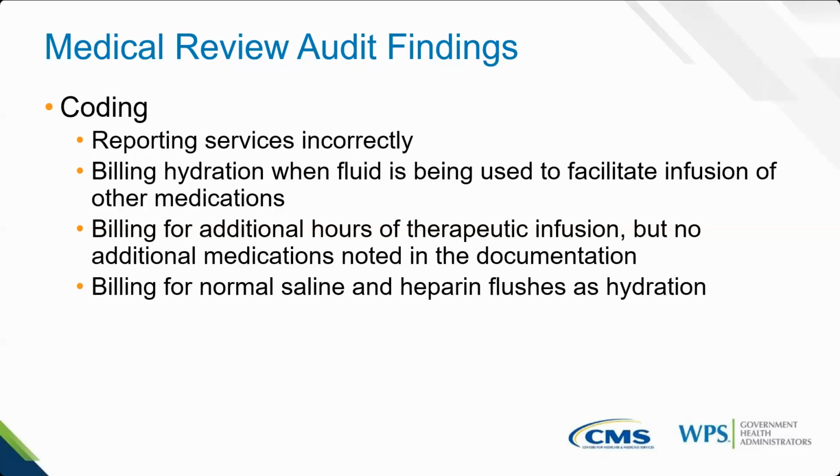As we look through the documentation for some of these, there has to be time associated, and you can't do the add-on code if you don't meet the time for the initial code, et cetera. And so those are the things that we typically find. And again, if we can't support it, if we can't find it evident in the documentation, we can't pay for it.